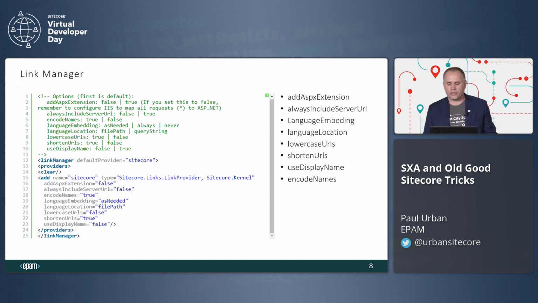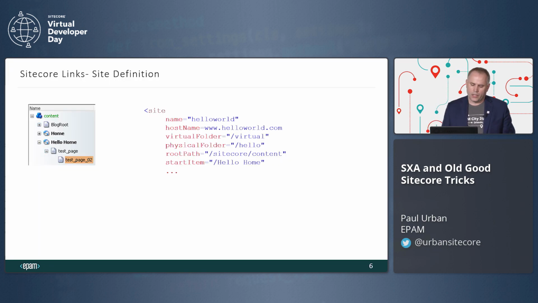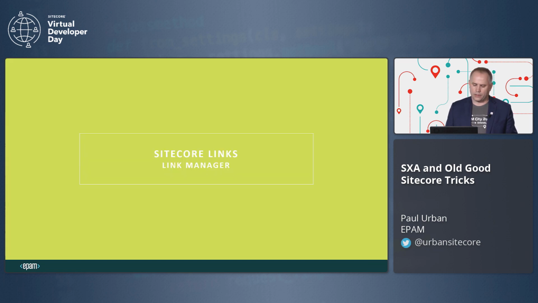The aspx extension parameter says whether to include the aspx extension in the URL. So in the case that we saw previously, the test_page_02, the URL of that page would be test_page_02.aspx.